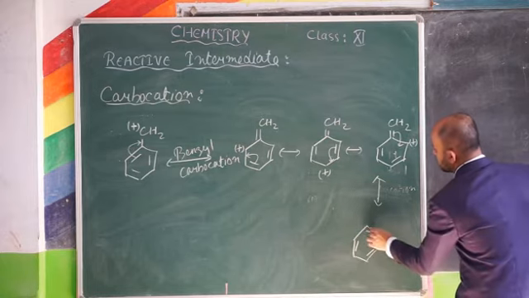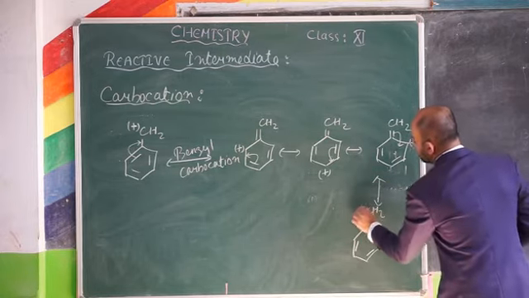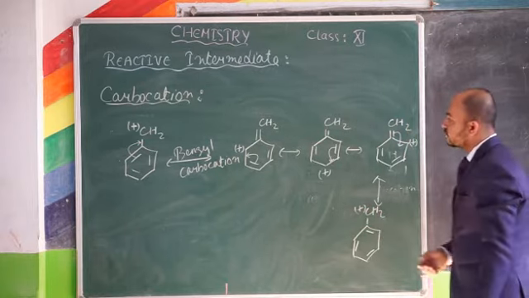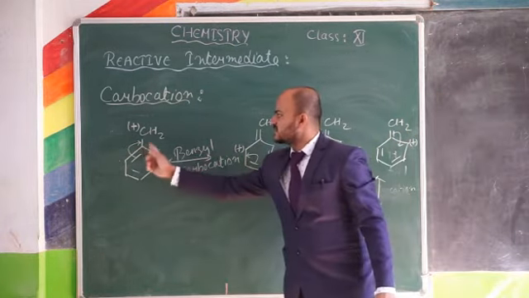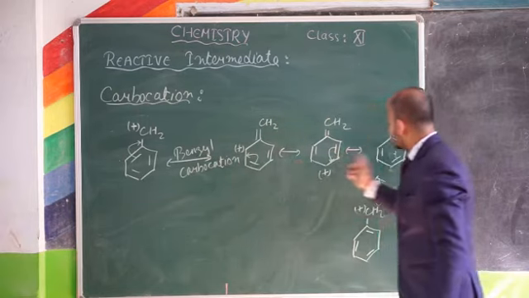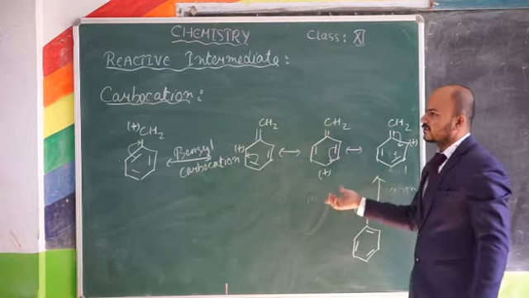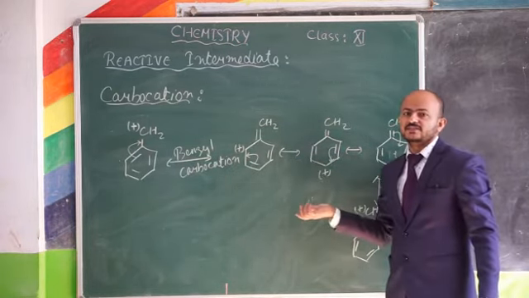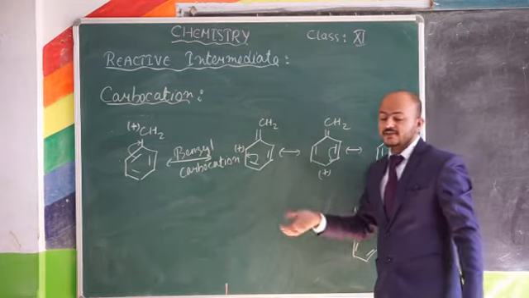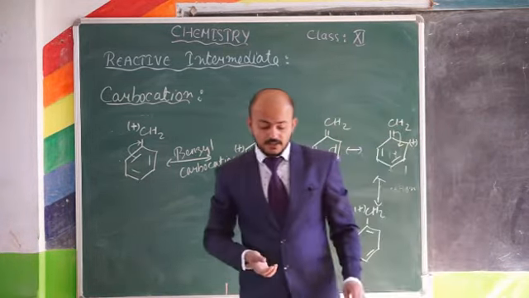Here you have a double bond, and here you have CH2 plus again. Now we saw that this positive charge was dispersed over all the carbons in the ring, and this is how the resonance takes place. And because of this, they become very, very stable.